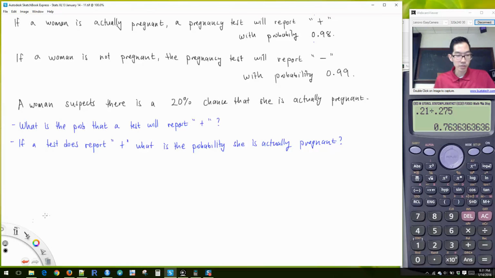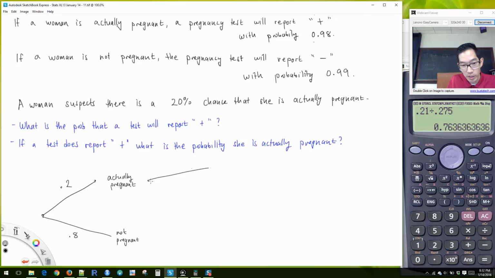All right, and so the way we should set up our diagram is she is actually pregnant, or not pregnant. We will say she is actually pregnant with probability 0.2, and she is not pregnant with probability 0.8.